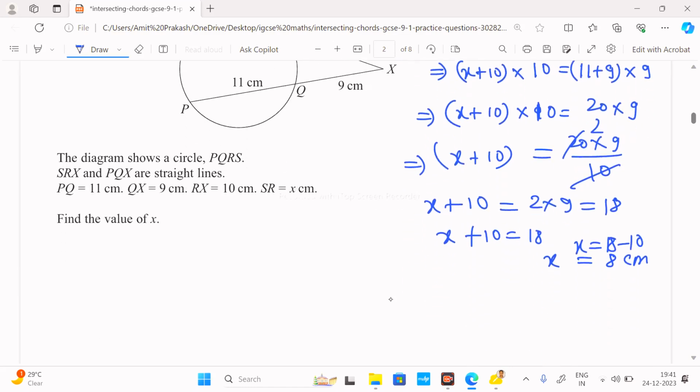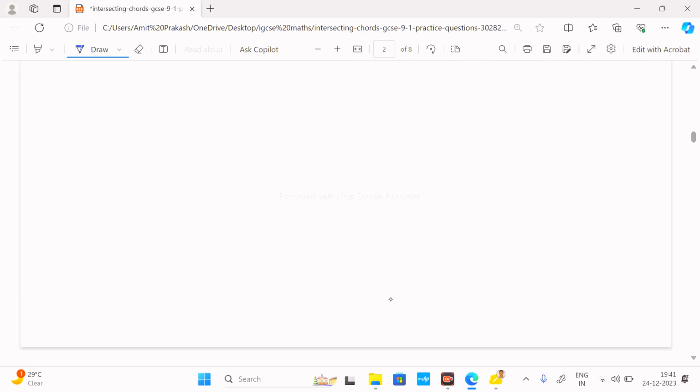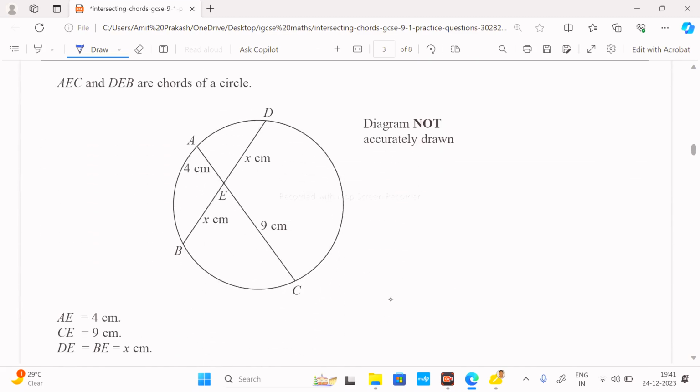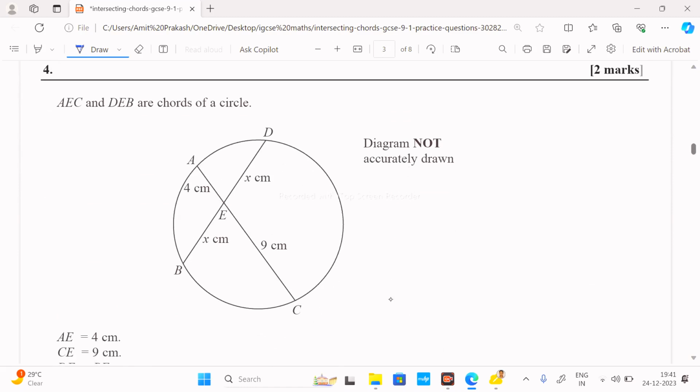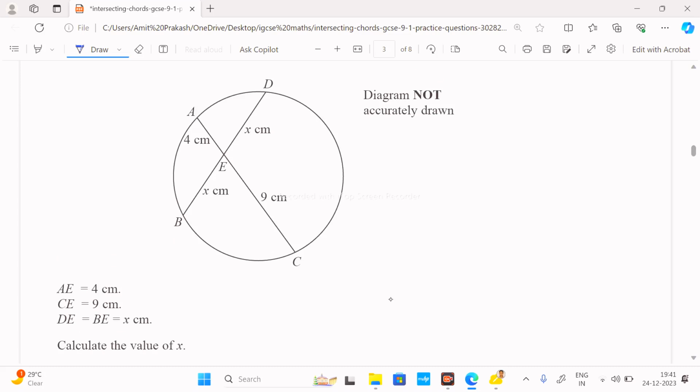Thus we have shown earlier that the intersection is either internal or external, and we can apply the chord intersection theorem. What we have to solve here: DE equals EB equals x centimeter, and we have given AE and EC.